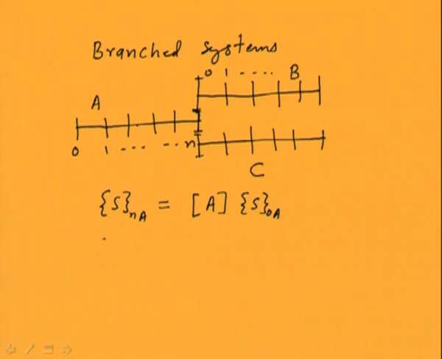Similarly, we can write the state vector of the nth disk of branch B and relate it with the state vector of branch B at the 0th location.